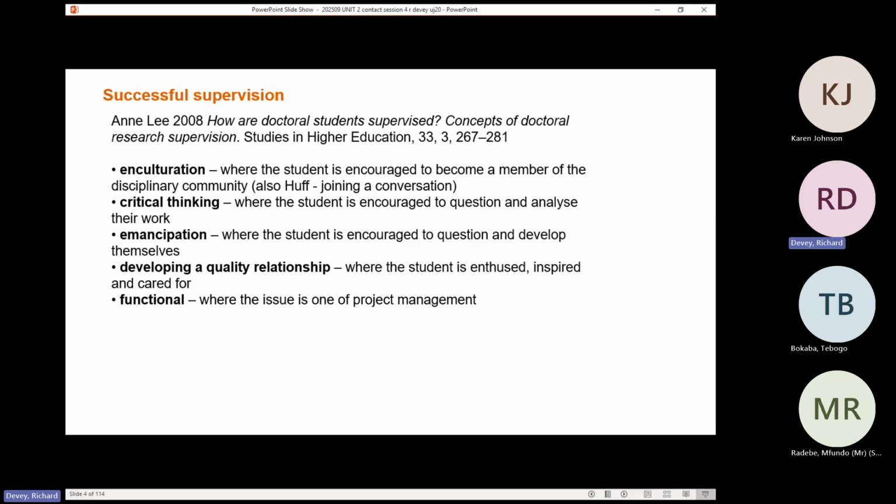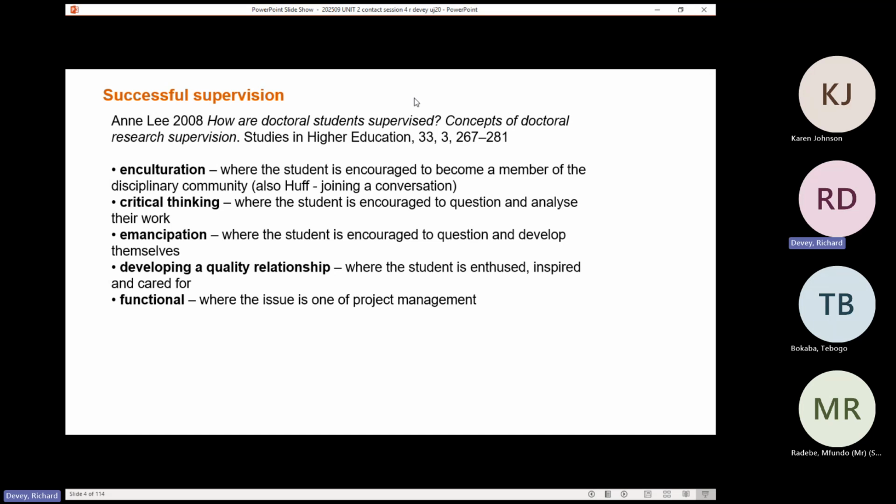But I think it's quite an interesting paper, and as supervisors, it's good to think about the role we play in developing a quality relationship with a student. I've been a supervisor, and I work with supervisors who are supervising students, so I have a good understanding of the kinds of relationships that can develop between students and supervisors. It's interesting to think about these things in more detail.